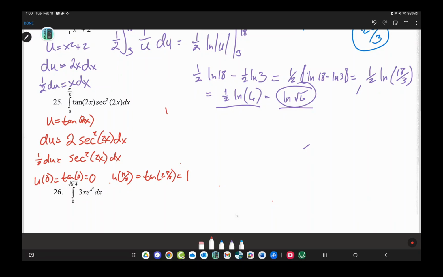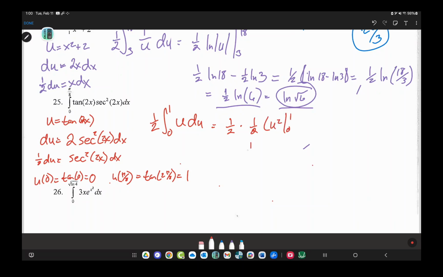So now we're going to integrate from 0 to 1 of 1/2 u du. That's a lot easier too. So that gives me 1/2 times 1/2 of u squared from 0 to 1.